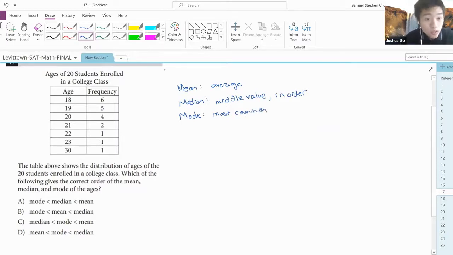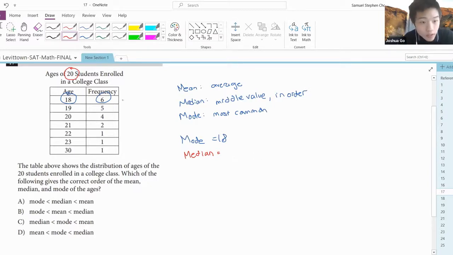So very quickly, we can identify that the mode would be 18, because you can see at the first entry of the chart that the frequency is the highest, 6. For the median, we have 20 students. So what would the middle of 20 students be? That would be between the 10th and 11th student.